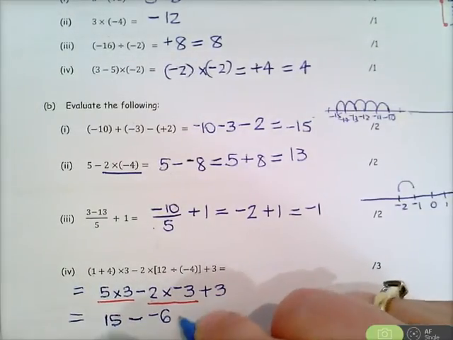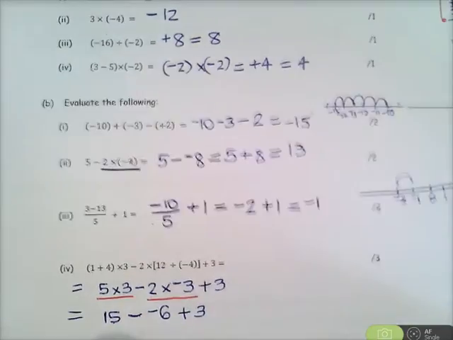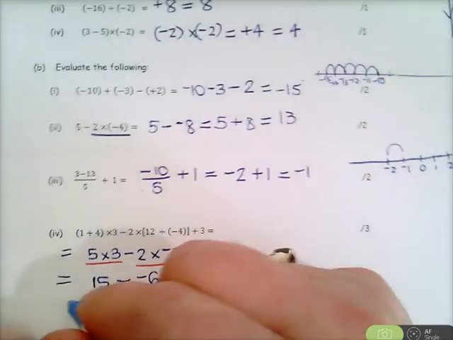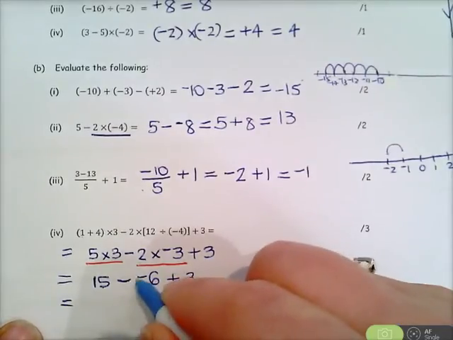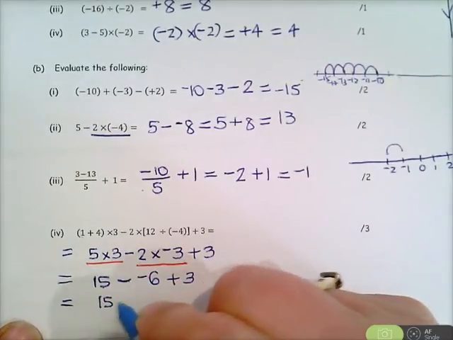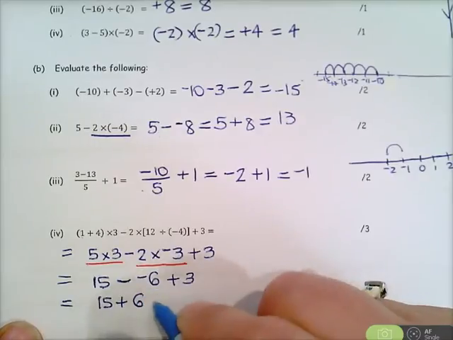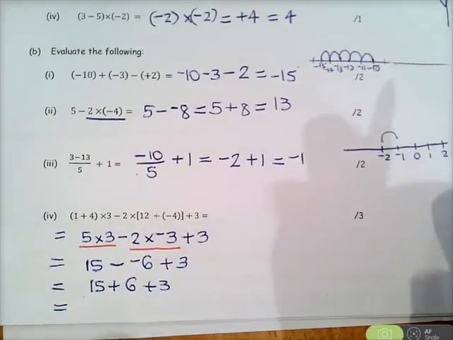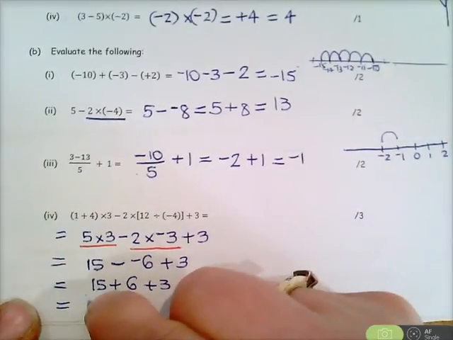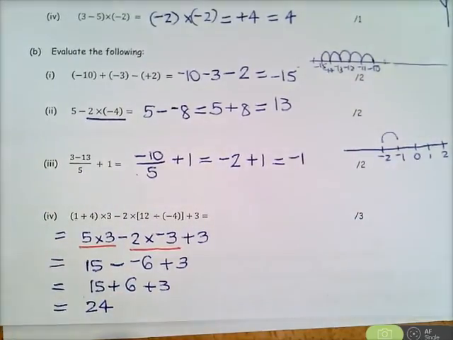So I've done that bit there. Now I go plus 3. So remember, if you see 2 negatives together, 15 take away negative 6 means 15 plus 6. And I've still got a plus 3. And I can work that out now. So 15 plus 6 is 21, plus 3 is 24.